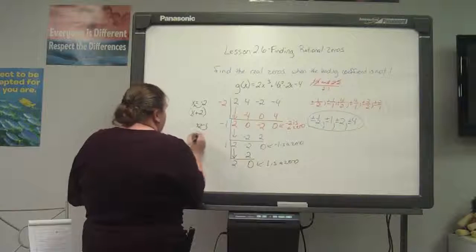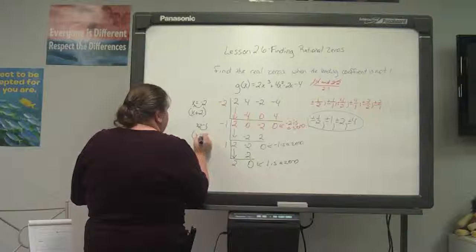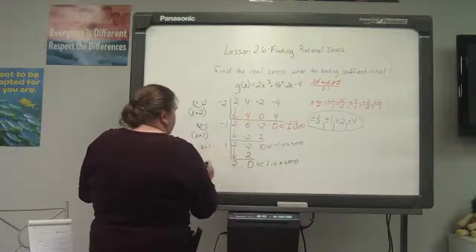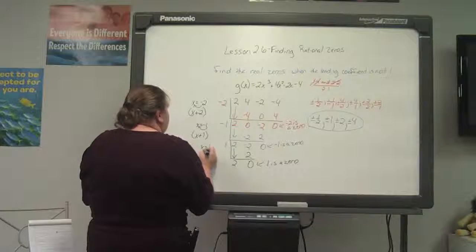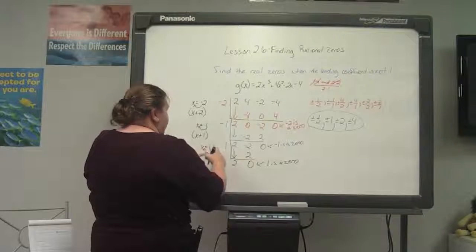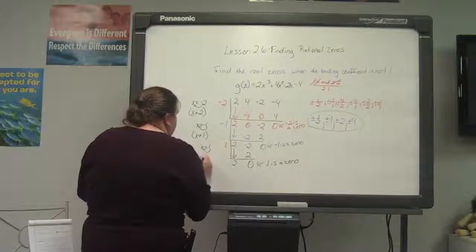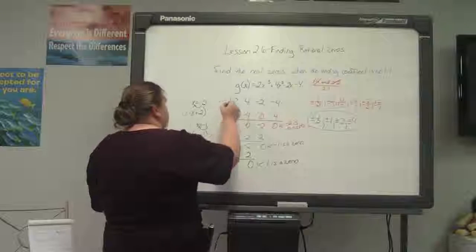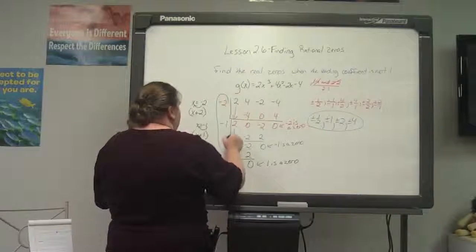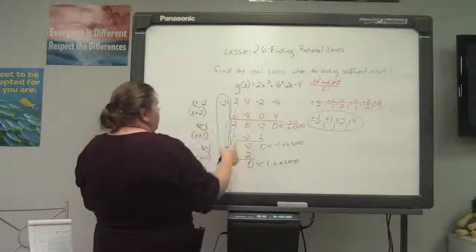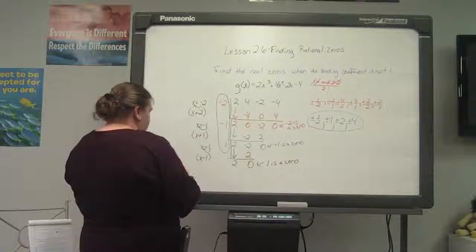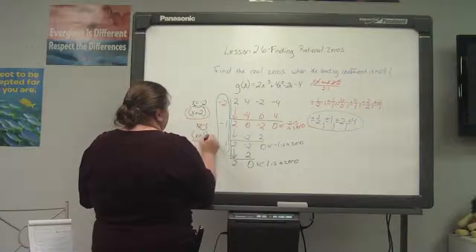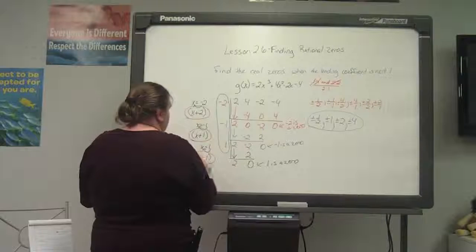We change the operation, and it becomes x plus 1. And then our last one, our x was equal to 1. Again, we want everything to one side, and so we have to change the operation, and so we have x minus 1. So our zeros are a negative 2, negative 1, and 1. And then our factors are x plus 2, x plus 1, and x minus 1.